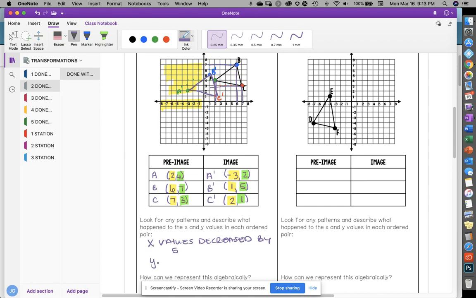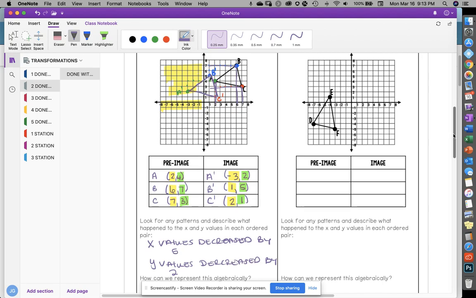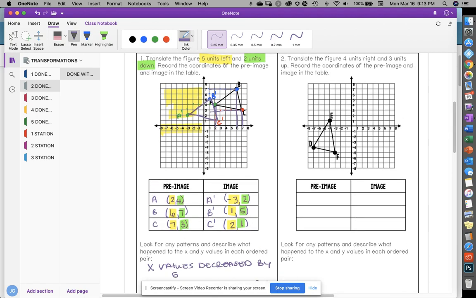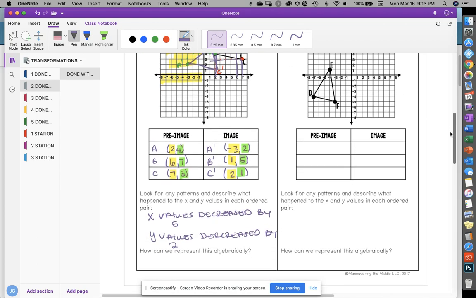So I'm going to say my y values decreased by 2. And why do you think it decreased by 2? Well, if you remember in our directions, it says 2 units down. So left is subtracting and down is subtracting. So if you learn those little keywords, it makes it a little easier.